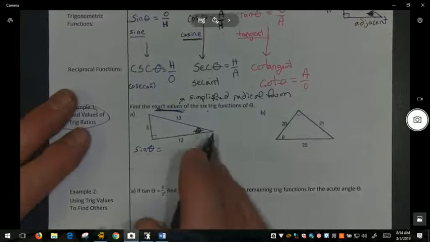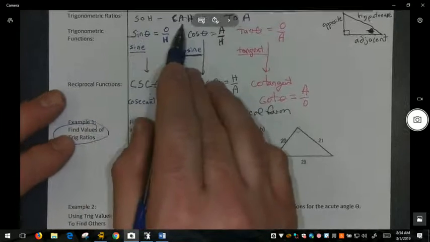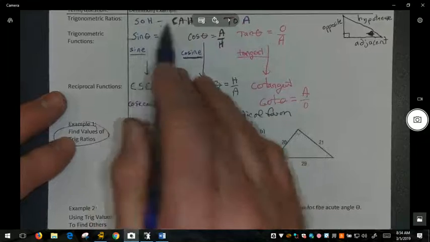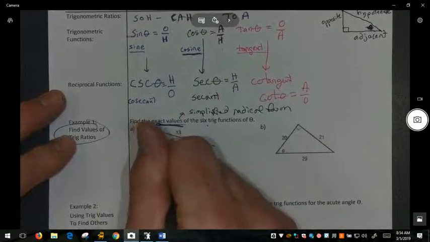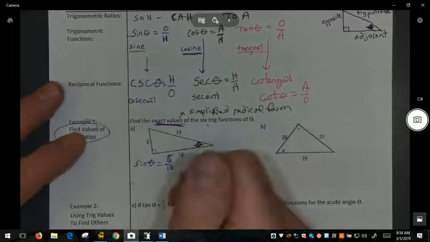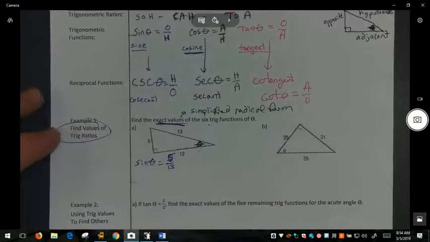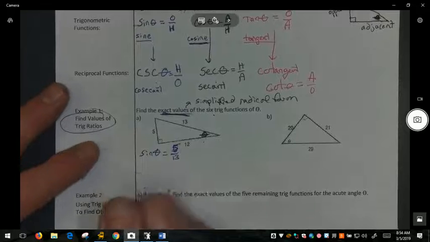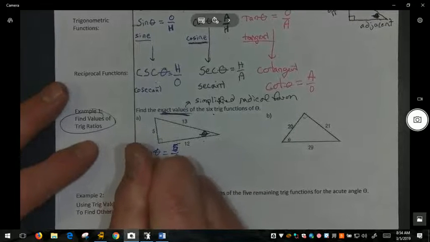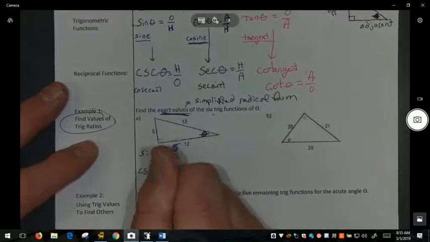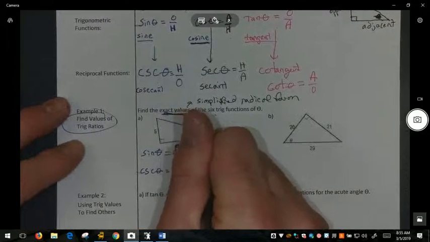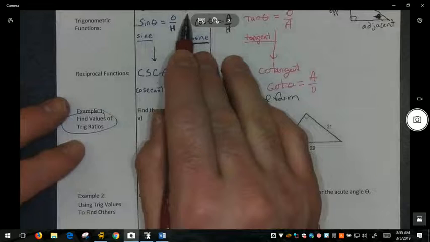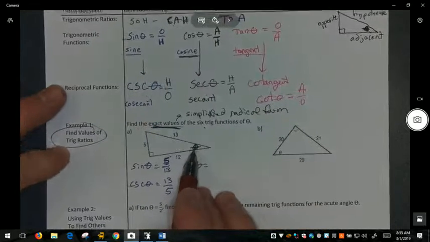Sine of theta equals, remember, Sohcahtoa. Sine is opposite over hypotenuse. So in this case, it's 5/13. Not bad. I don't even have any radicals to rationalize, and 5/13 is already reduced. That means that cosecant of theta is 13/5, the reciprocal value. Cosine of theta then is the adjacent over the hypotenuse.